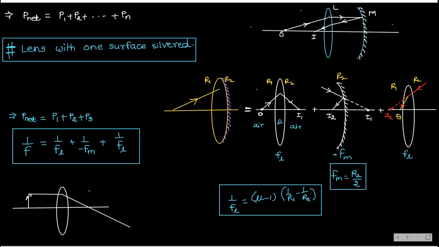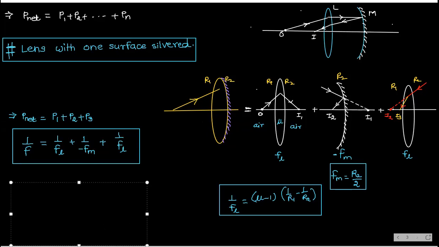Then the second ray is going like this, they intersect, and that is your image. Something like this, here you are getting the image. This we have already learned. Same like that only. If suppose a point object is somewhere here, then how the rays are going and how they are creating the image, that is what I have shown in this diagram in case of lens. Okay, Shrestha? Yes, sir.